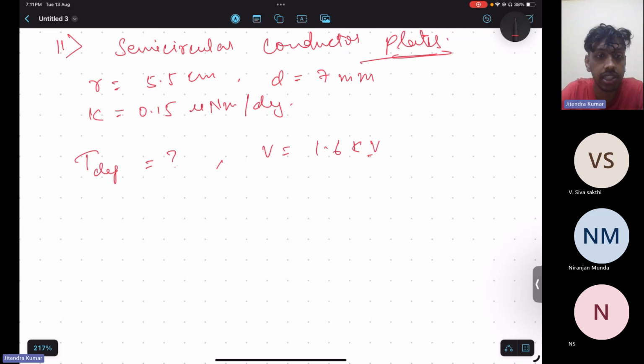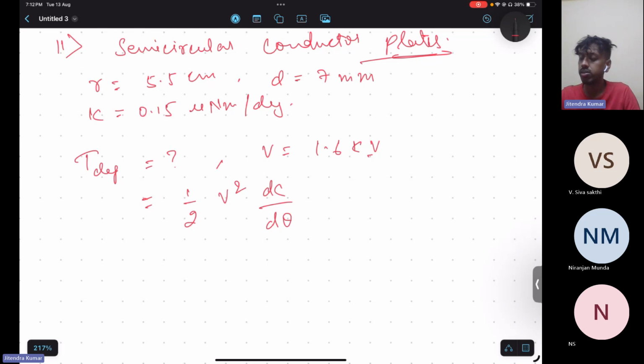So what will be the expression of deflecting torque? We have discussed it already. I hope you recall: half into V square into dC by d theta, isn't it? V is given.